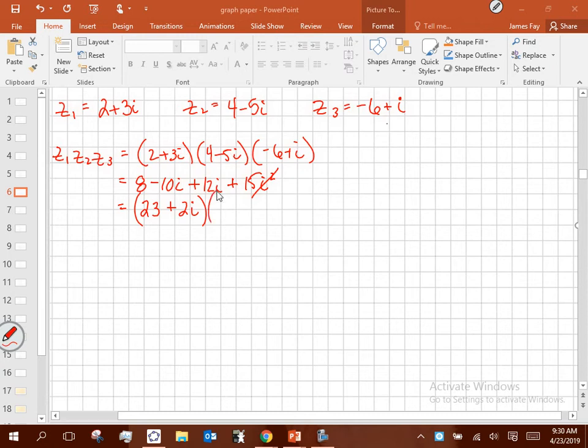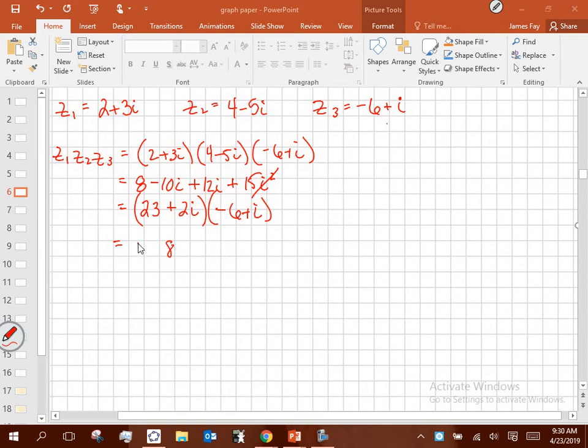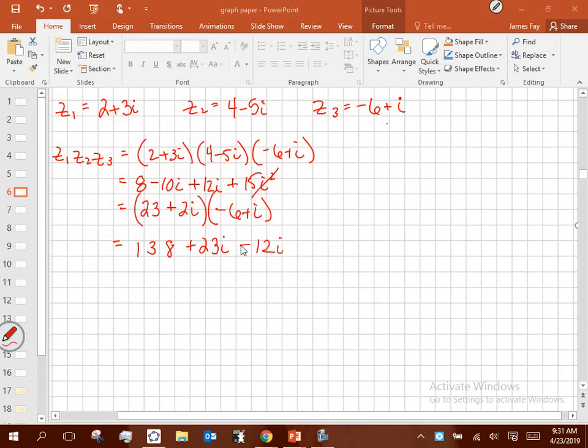We now need to FOIL that with negative 6 plus i, right? So 23 times 6, that's 8, carry the 1, 138. 23 times i then is 23i. 2i times negative 6 is negative 12i. And then 2i times i is 2i squared.